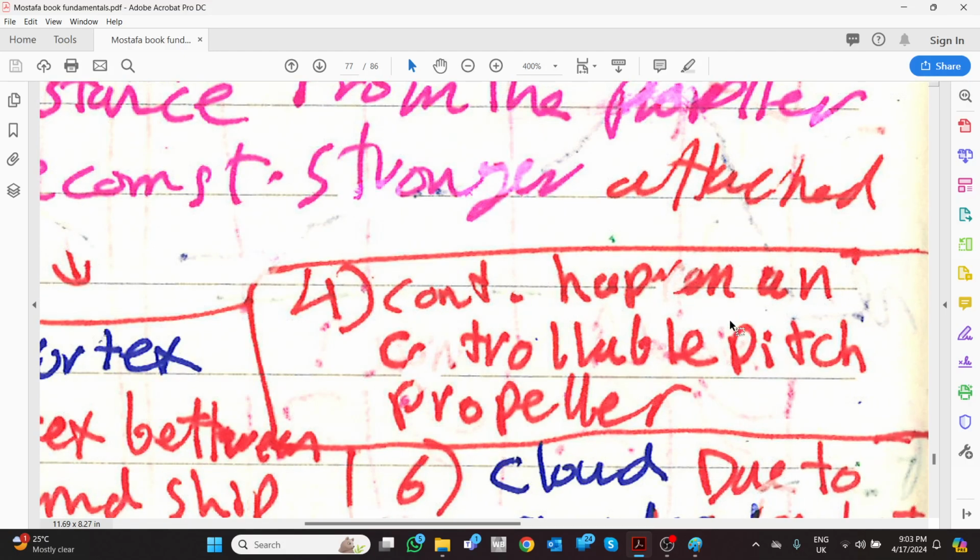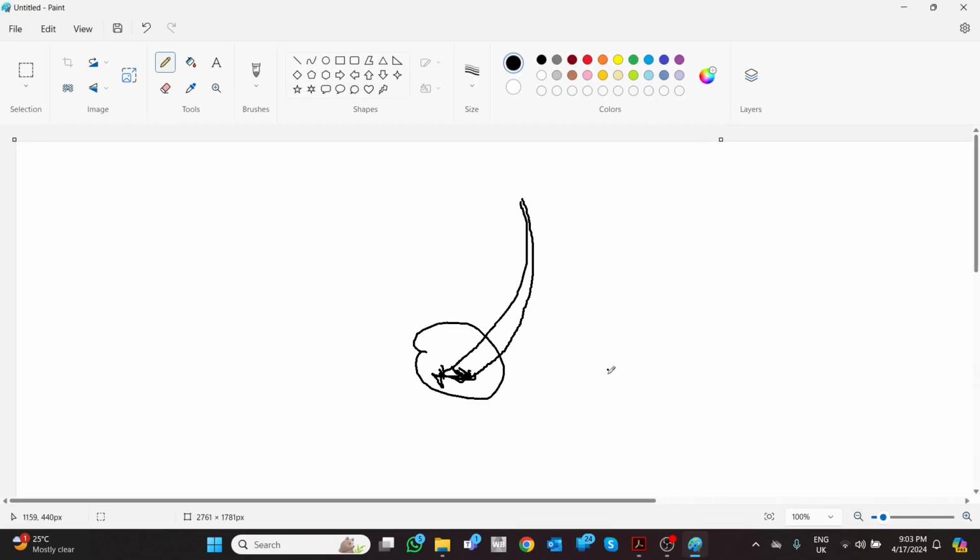It can happen at a controlled pitch propeller. What is a controlled pitch propeller? This is a pitch, this one. A controlled pitch propeller means the propeller blade can rotate a little bit to decrease or increase the pitch.